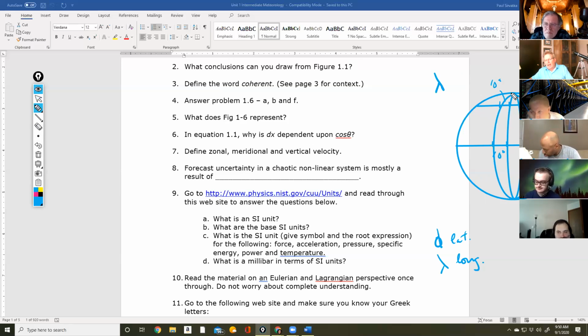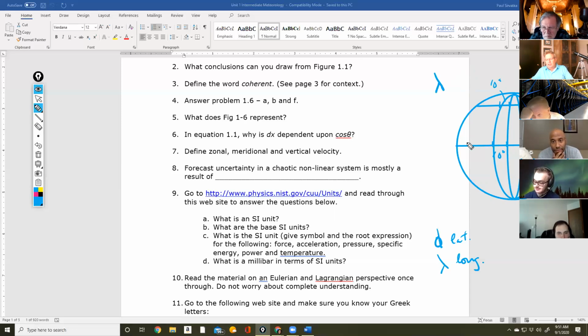Well, what if I'm at the North Pole? 10 degrees of longitude is how much? How far? Infinitely small? Well, it's 0, right? If I'm at the North Pole, I can turn 10 degrees of longitude and not go any place. So to change my longitude is a function of the latitude that I'm at.